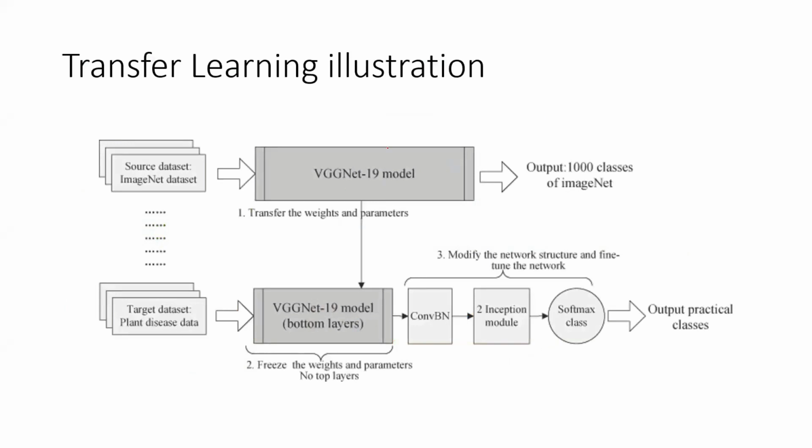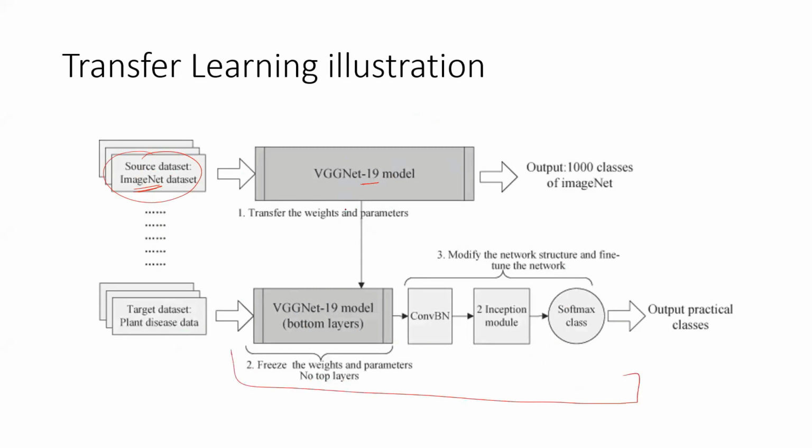Okay. This is a transfer learning illustration for the VGG19 model. You have a source image dataset from ImageNet, and this VGG19 is already trained on the ImageNet data. So transfer the weights and parameters to the custom model. So this is your custom model.